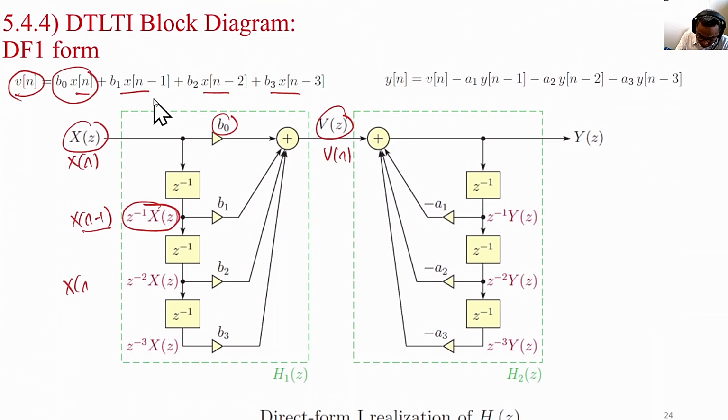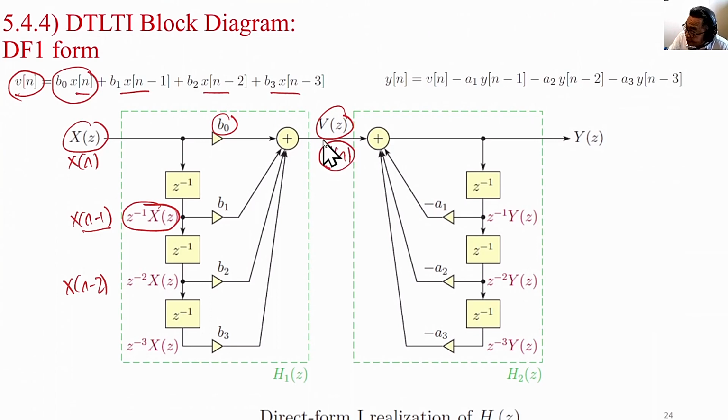This is x[n-2] because it has seen 2 delays. Multiplied by b2, which is b2 times x[n-2], then we sum again. So this v[n] is simply the sum of the past x[n-1], x[n-2], x[n-3] multiplied by these respective coefficients. That's all.